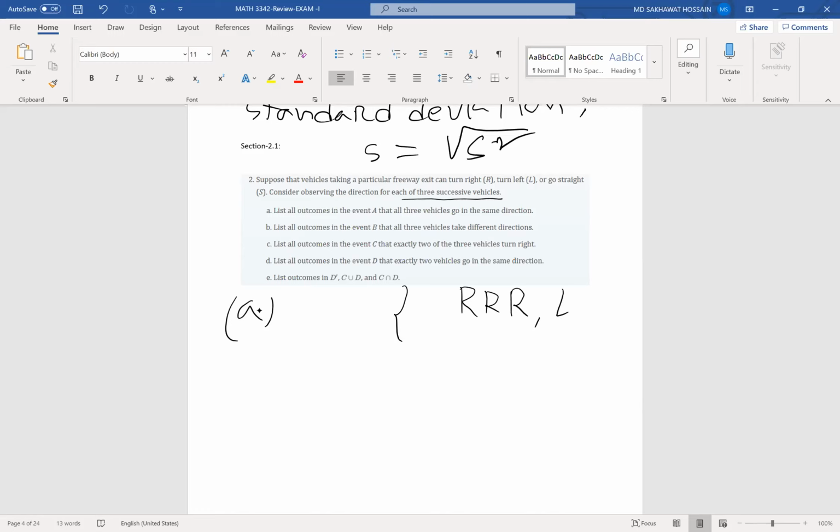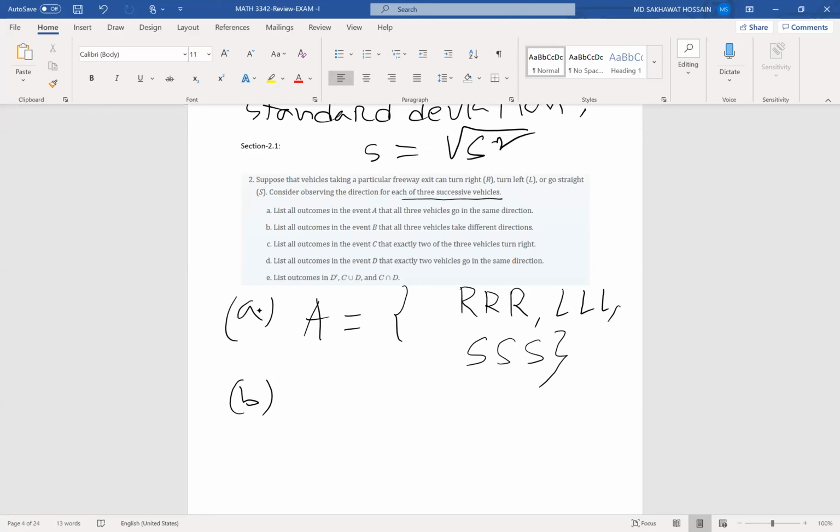Similarly, if the first goes left, the second and third also go left. And if the first goes straight, then the second and third also go straight. So these are the possible outcomes for the event A.